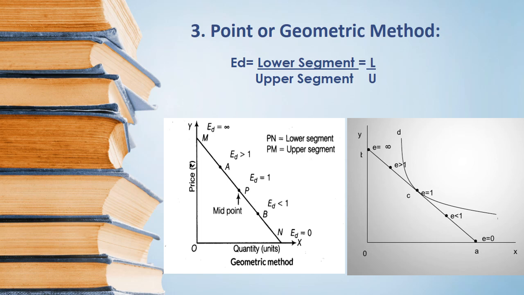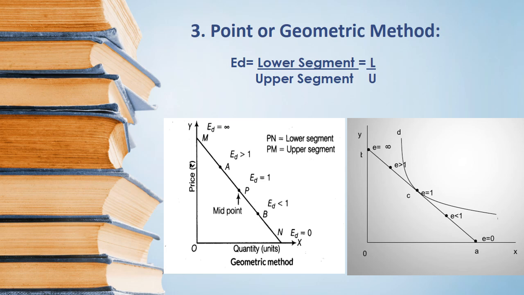Through this method, we can find out ED is equal to 1, that is unitary elastic demand, or ED is greater than 1, relatively elastic demand, or ED is less than 1, relatively inelastic demand, or ED is equal to infinite, or ED is equal to 0. That is all 5 types of price elasticity of demand.